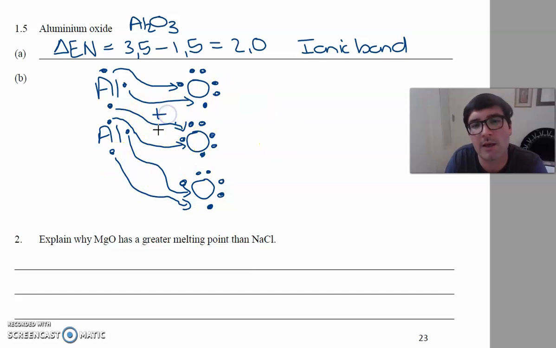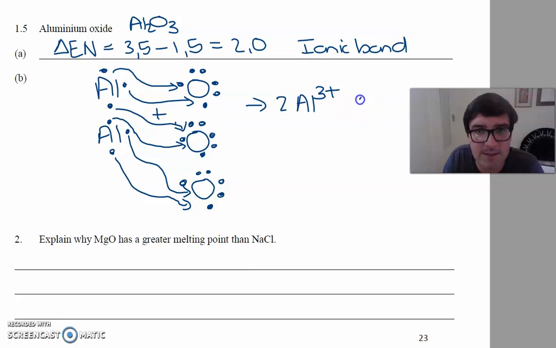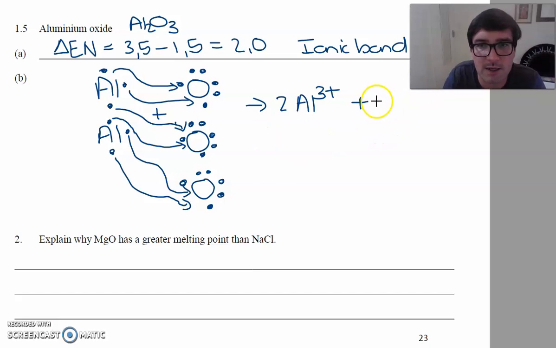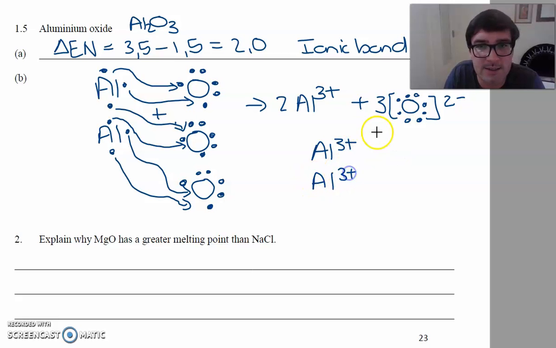So that would be how it's transferred, and it will produce 2 aluminium 3 plus ions and 3 oxide ions, each with a charge of 2 minus. Okay, and your final step then will be where these bond in a crystal lattice.